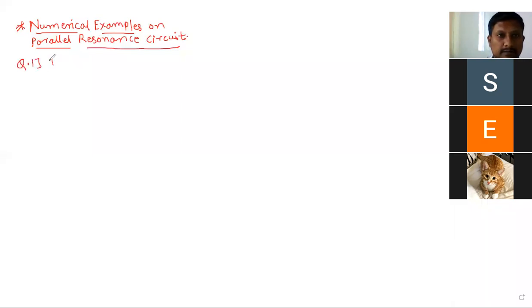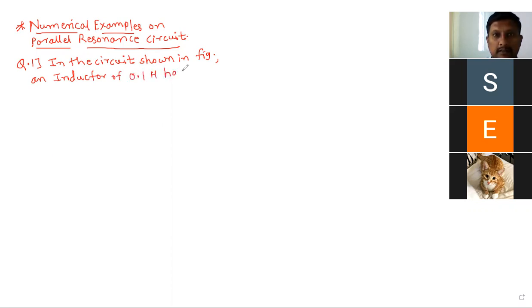In the circuit shown in the figure, an inductor of 0.1 Henry, having a Q of 5, is connected in parallel with a capacitor.